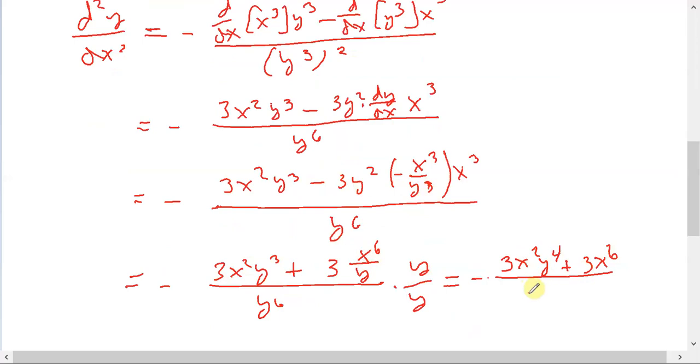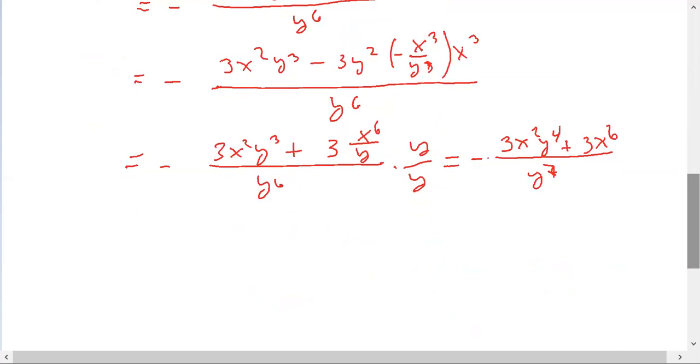That's all divided by y to the seventh now. And I can factor a 3x squared out of the top, so I'm going to have minus 3x squared times, there'll still be a y to the fourth, and this will just be x to the fourth, over y to the seventh.